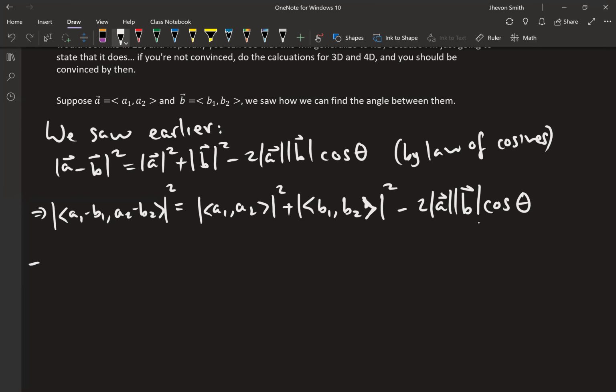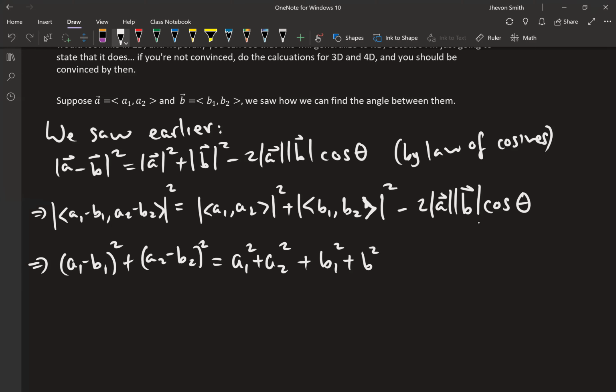All right, so what are these guys going to look like? Well, this part is going to look like a1 minus b1 all squared plus a2 minus b2 all squared. This side is going to be a1 squared plus a2 squared. This is going to be b1 squared plus b2 squared. Now remember, there's a radical here, but we're squaring them. So it's going to actually get rid of the radicals because we're squaring these guys.